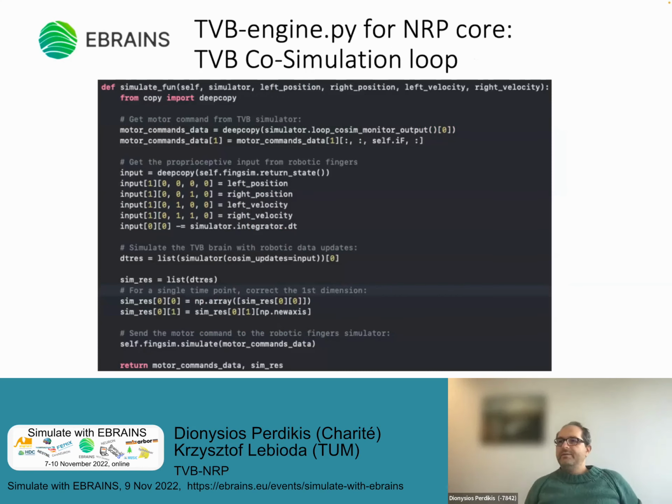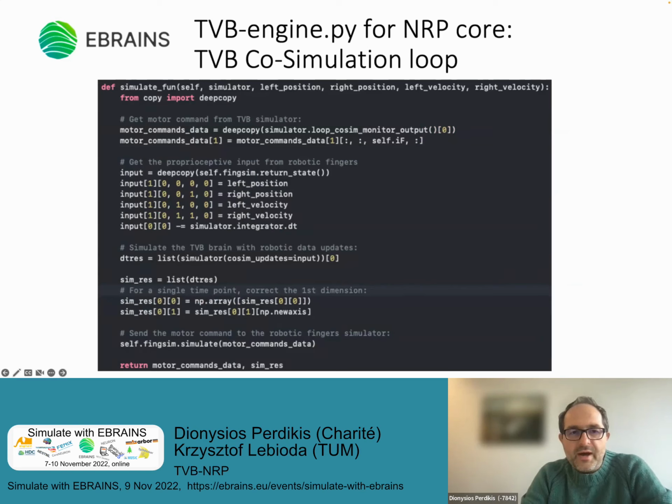Right. And this is the actual loop of the simulation on the TVB side, where you can see more or less the same steps that we discussed during the synchronization between TVB and spiking networks.